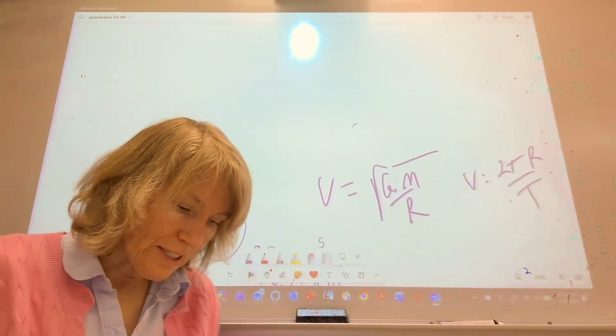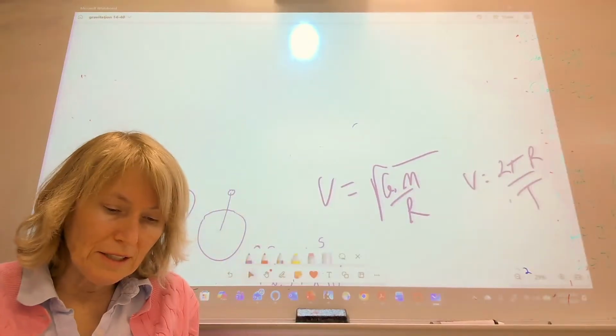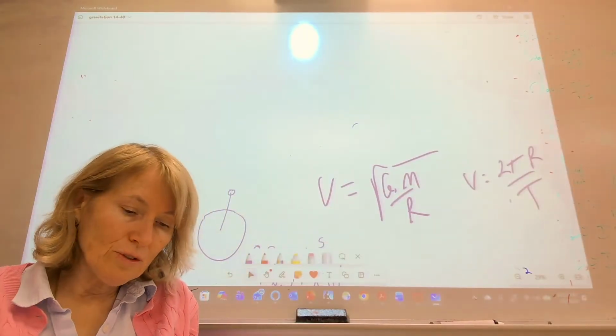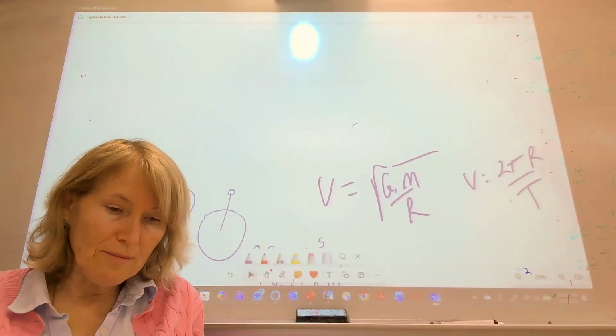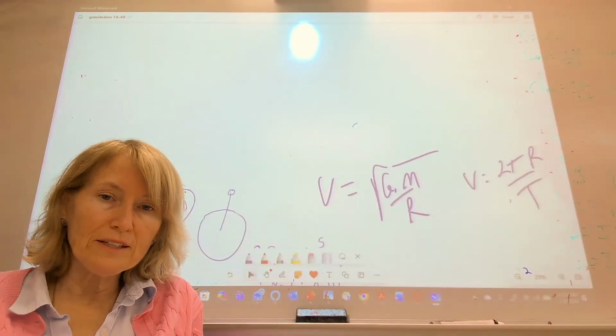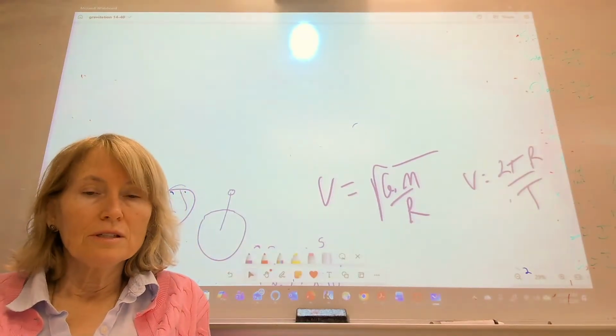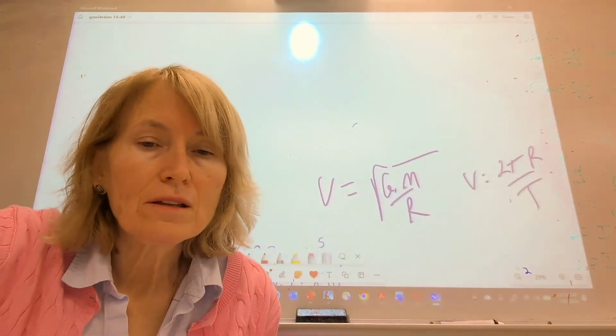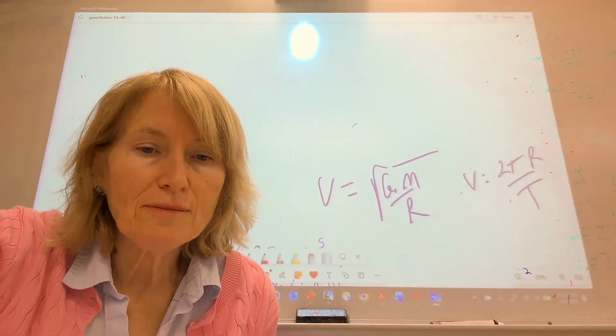Okay, so first they're asking us the speed. You're just plugging in. You know the mass of the Earth. You have to get the altitude. You have to get the radius, which is going to be the sum of the radius of the Earth plus that altitude. So your R is the sum of the two.